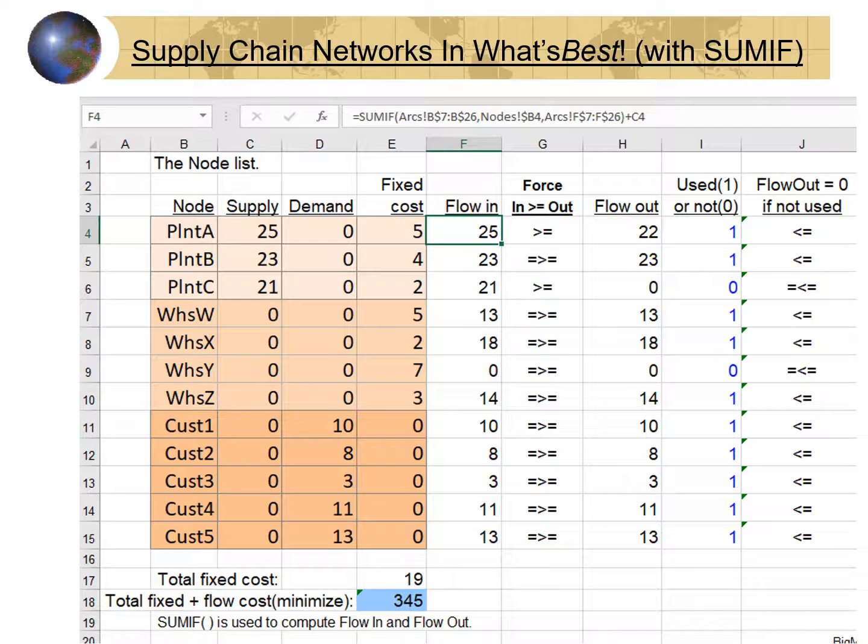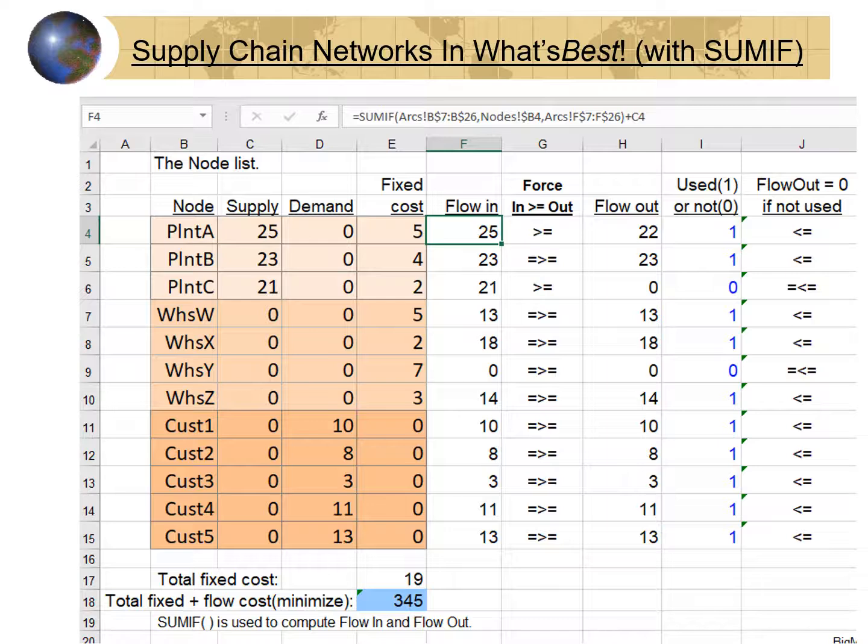It says look in the arc list for the to destination, and for every destination that matches this particular node, we want to take the sum in the F column, which is the shipment column. And then the C4 at the end is the supply that's native to that particular node. So the SUMIF function is useful for calculating the flow in and flow out of a node in the network.